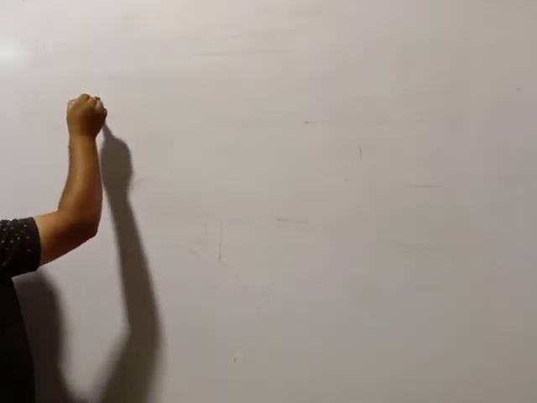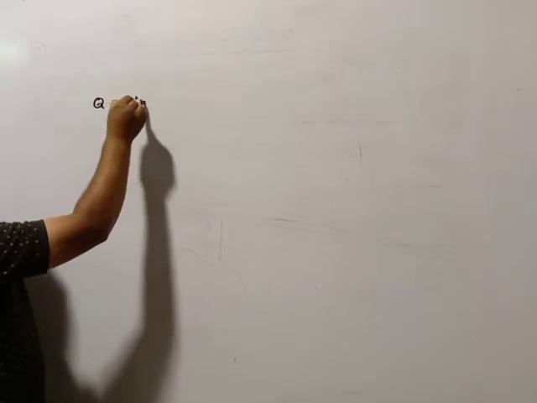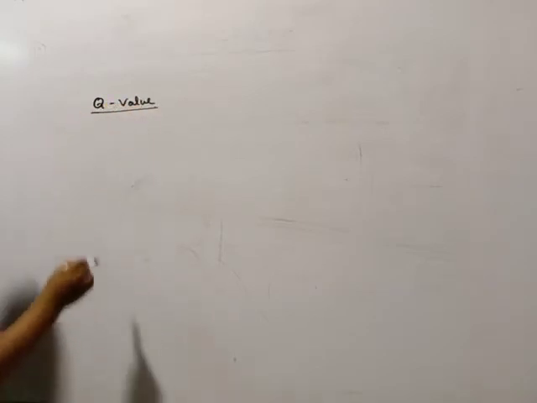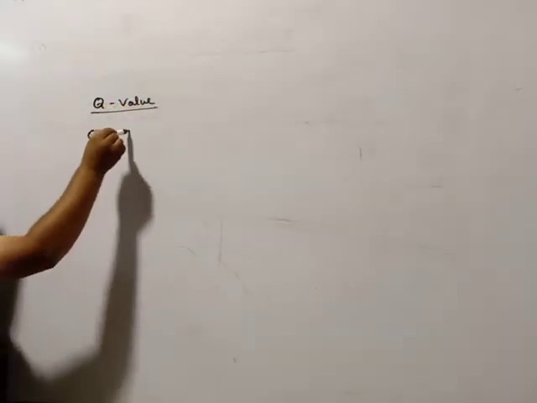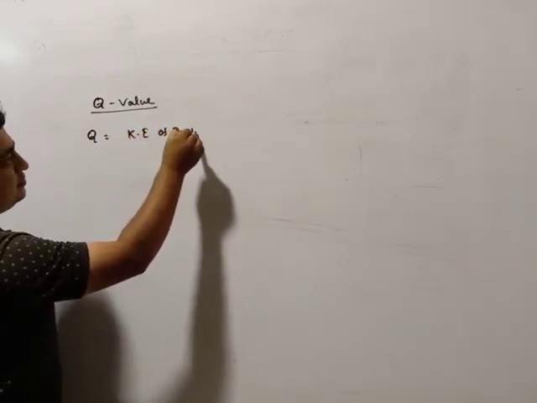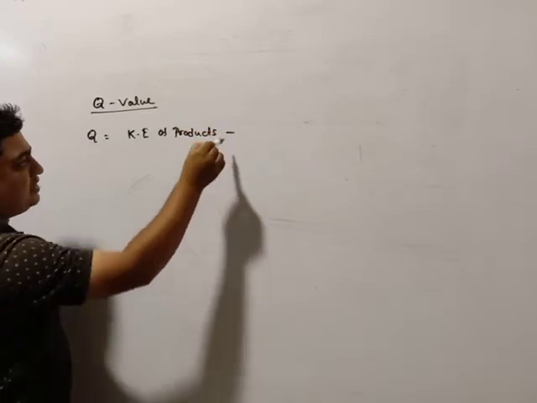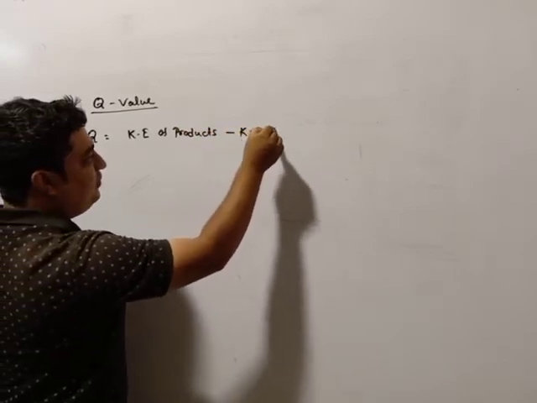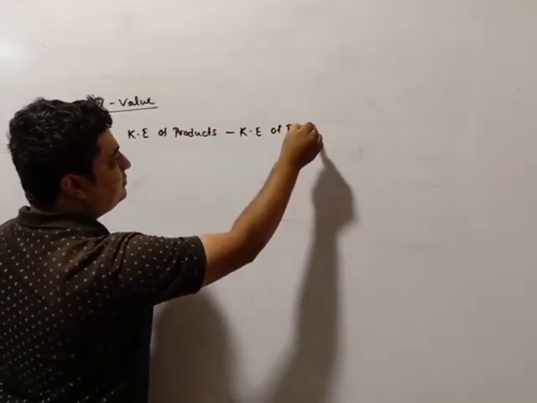Now, we'll define Q value. Q value is equal to kinetic energy of products minus kinetic energy of reactants.